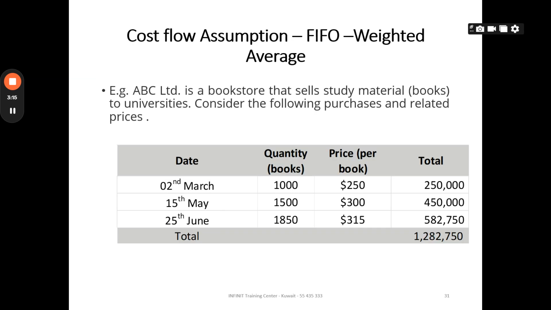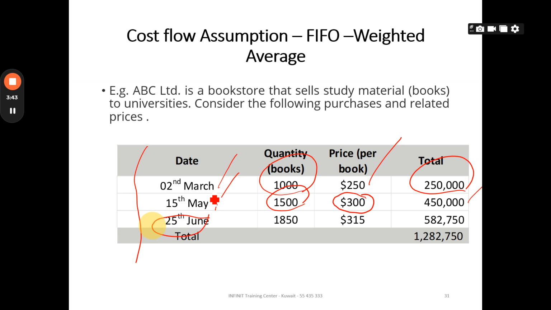Here you have ABC company that is selling books, and these are the purchases they have made. On 2nd March this company purchased 1,000 books at $250, and the total cost is $250,000. On 15th May this company bought 1,500 units, but by then the cost increased to 300, and the total cost of purchase is 450,000.